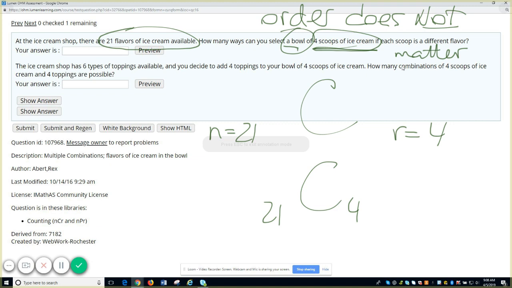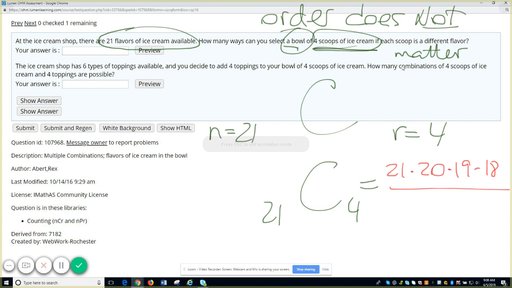Okay, and so at this point you can manually compute the number of combinations by first figuring out the permutation. So if I care about the order of my 4 scoops, then I would find it like this: 21 options for the first scoop, then 20, 19, 18 for all 4.